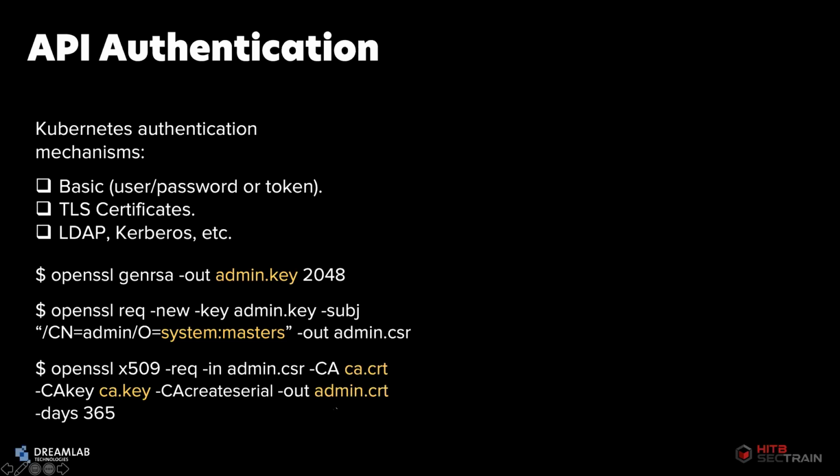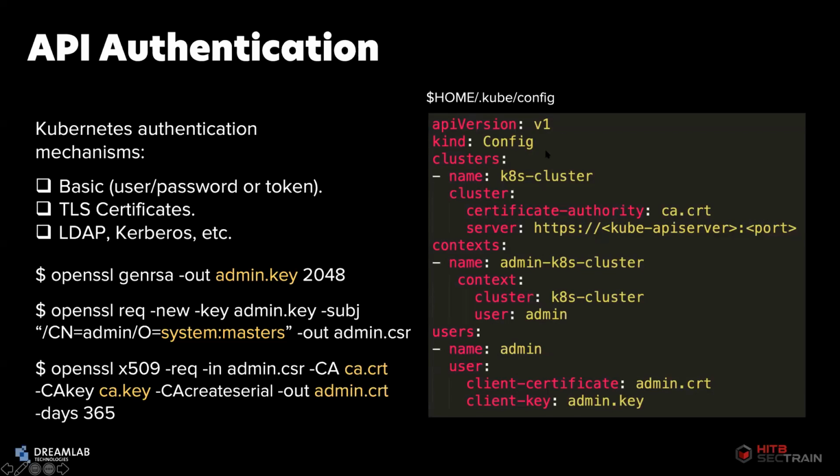Good. So after that, the user can create this config file. This is by default located under this path on the user machine. And here we have to specify the different clusters and certificates that we need to connect to remote clusters. So on one hand, we have the cluster information.